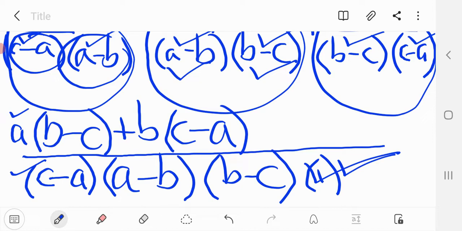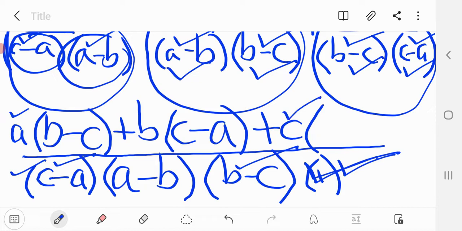Similarly, in the last we have a plus sign and the numerator is c. Again the same process we have to follow. This denominator divided by b minus c and c minus a. b minus c will be cancelled with b minus c, and c minus a will be cancelled with c minus a. The only factor which will remain is a minus b. So a minus b will be multiplied with this c, c into a minus b.